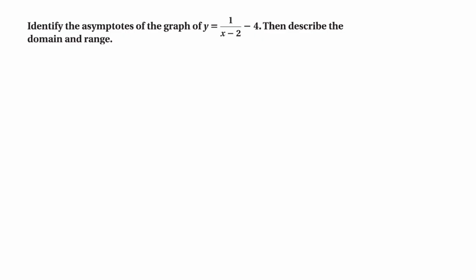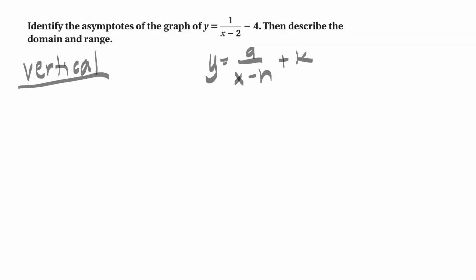So here we go. The first thing we're going to do is identify our asymptotes. Let's remember our equation is a over x minus h plus k. So we'll start with our vertical. Our vertical asymptote is at the point x equals h. And so here's our h value, which is 2.